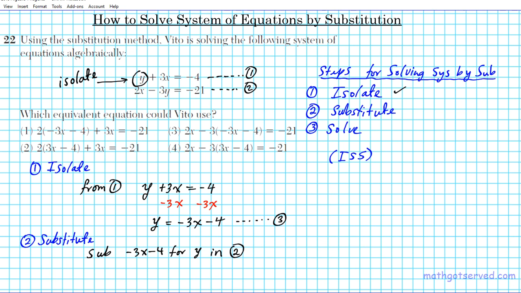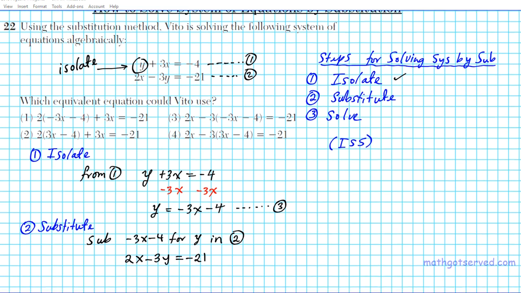Let's go ahead and write down equation 2. Equation 2 is 2x minus 3y equals negative 21. Now what we're going to do is substitute this into equation 2.